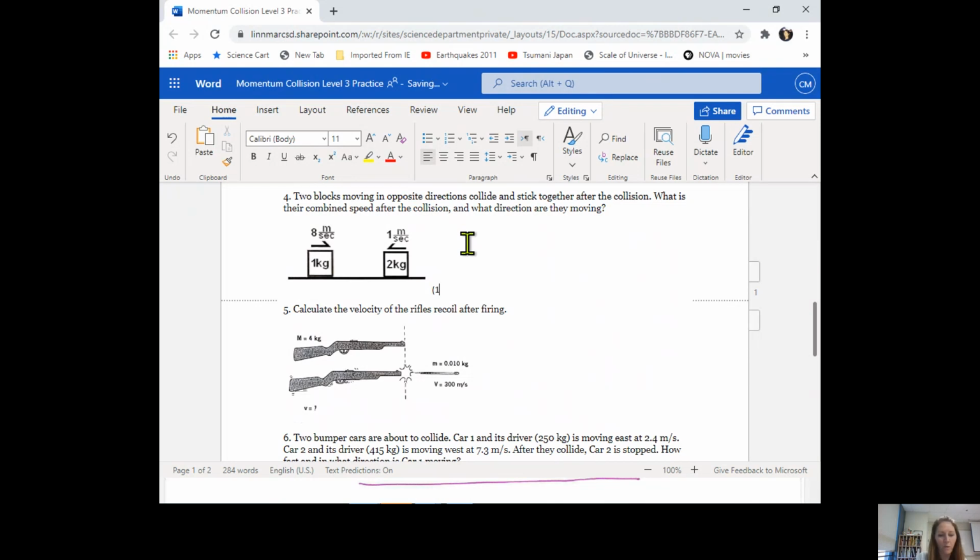You end up getting 1 times 8 plus 2 times -1, and they stick together after a collision.